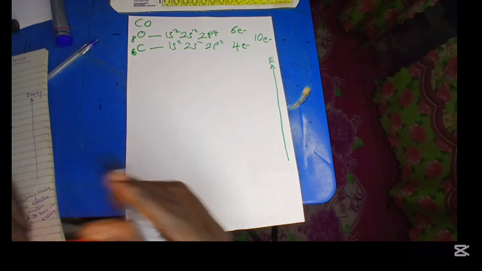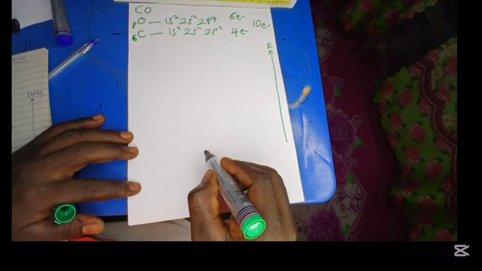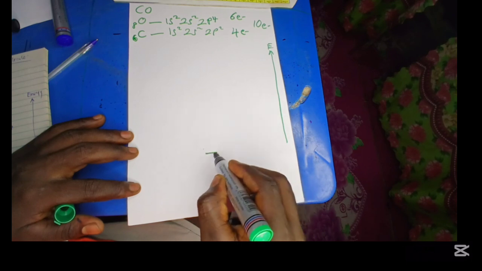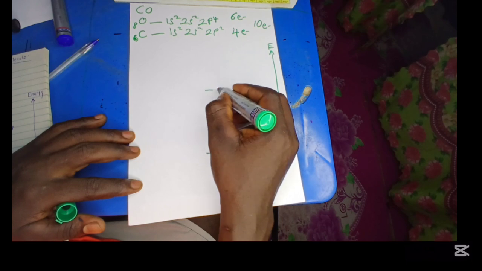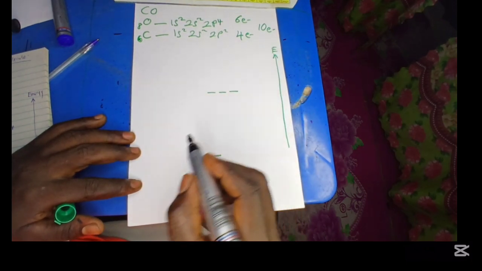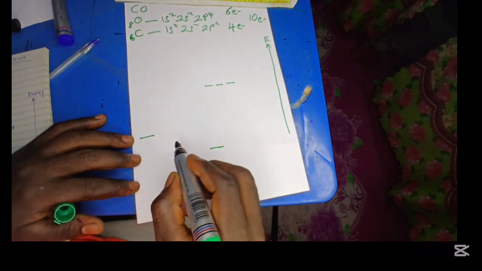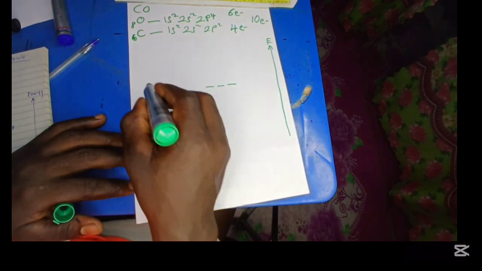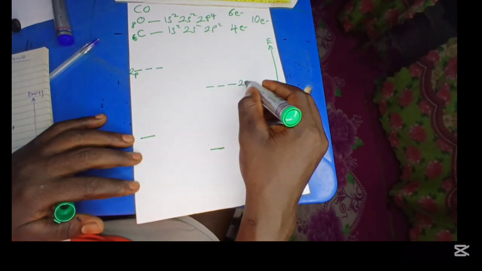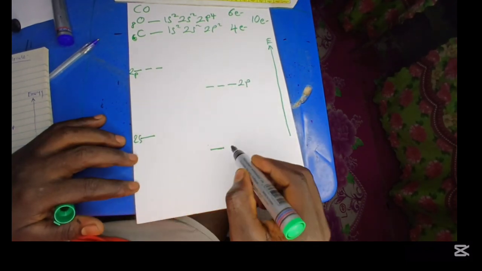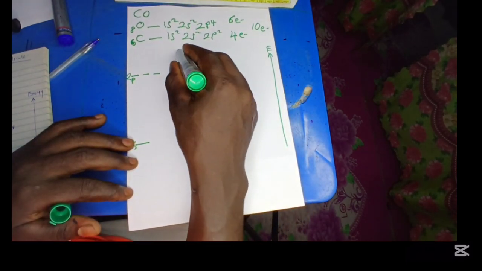So let's say we have the 2s and 2p orbitals of oxygen, and then the 2s and 2p orbitals of carbon.